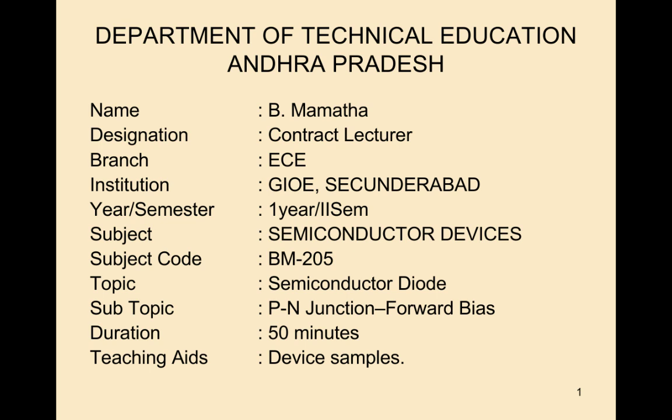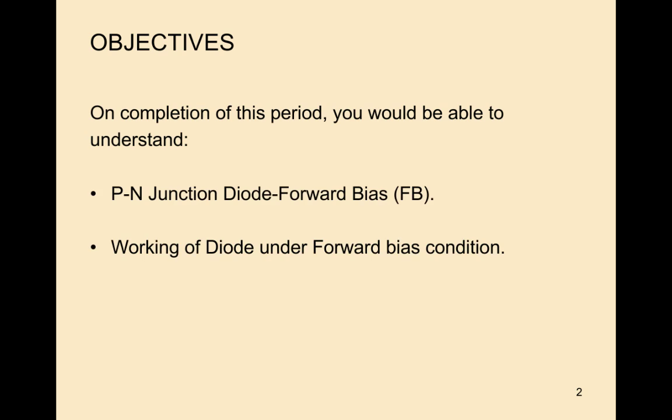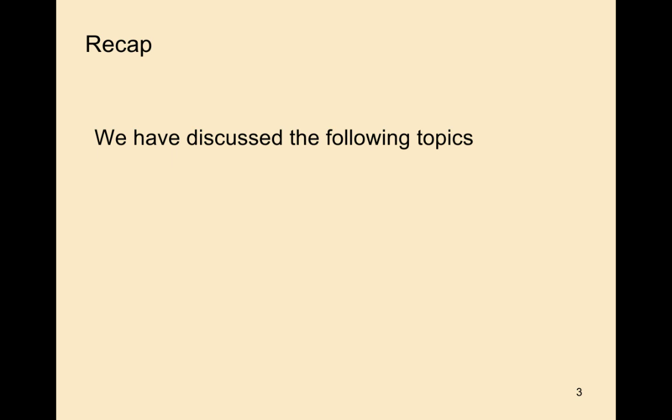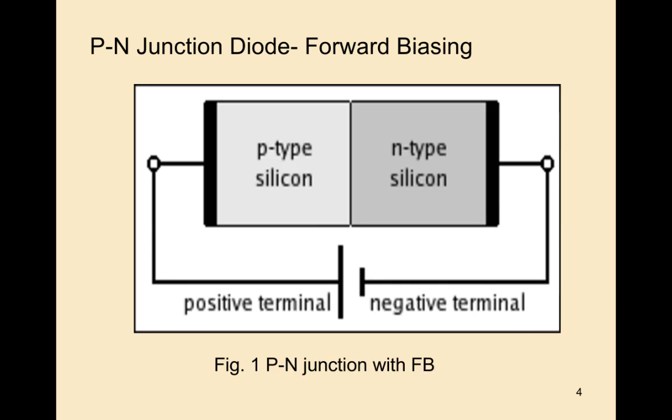Objectives: PN junction diode forward bias, working of diode under forward bias condition, current components in a PN diode. Recap: we have discussed the following topics: PN junction formation, working of PN junction diode, forward biasing. This is the diagram of how we connect the diode in forward biasing mode, positive to positive, negative to negative.